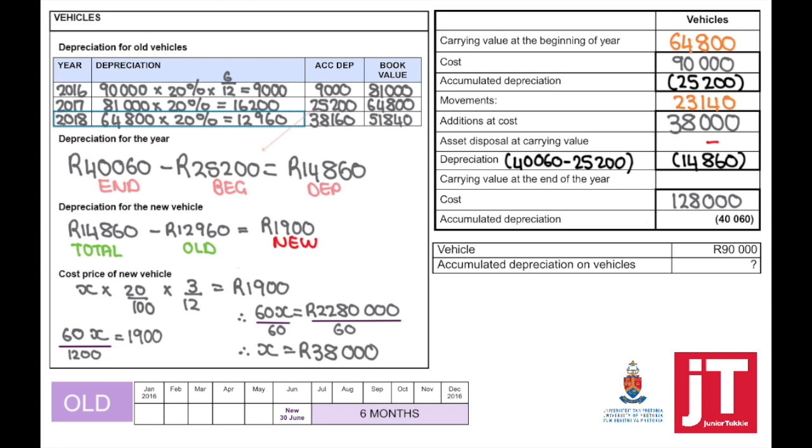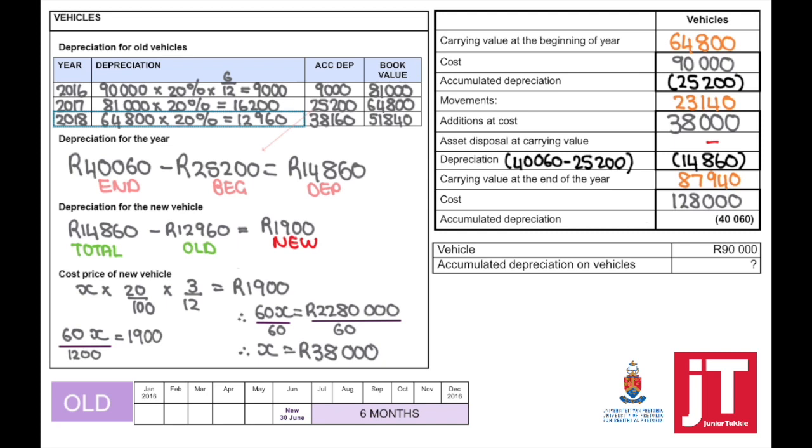To get the carrying value at the end, you've got now two options. It's the carrying value in the beginning plus my movement equals the carrying value at the end. If you take the cost at the end minus accumulated depreciation, it should give you exactly the same answer.